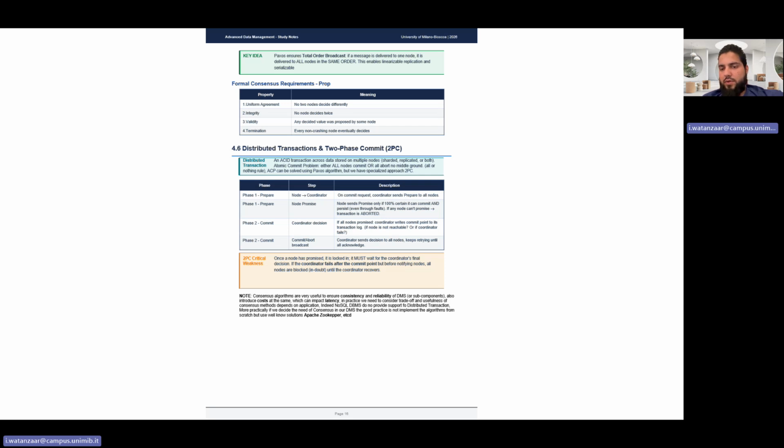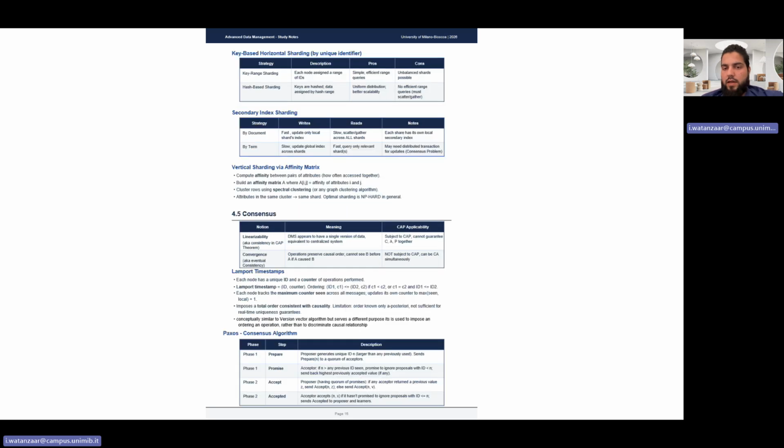And do NoSQL databases provide support for distributed transactions? Not really, for sure, like MongoDB. More practically, if we decide we need consensus in our DBMS or DMS, the good practice is not to implement the algorithm from scratch. We already have certain solutions like Apache Zookeeper or etcd, or the algorithms we have seen above.